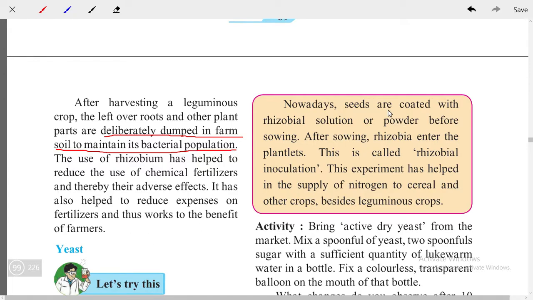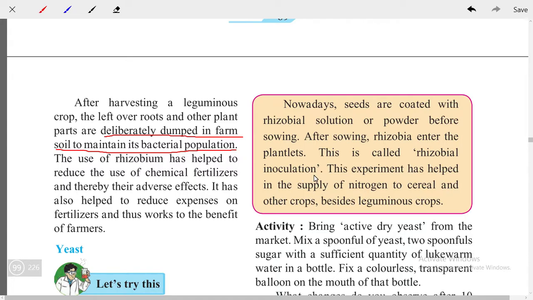Nowadays seeds are coated with rhizobium solution or powder before sowing. आजकाल काय केलं जातं, तर जे बिया आहेत त्या रायबोझियल सोल्युशन किंवा पावडरमध्ये कोट केल्या जातात, थर दिला जातो पेरणीच्या अगोदर. Rhizobia enter the plant, and this is called rhizobial inoculation.